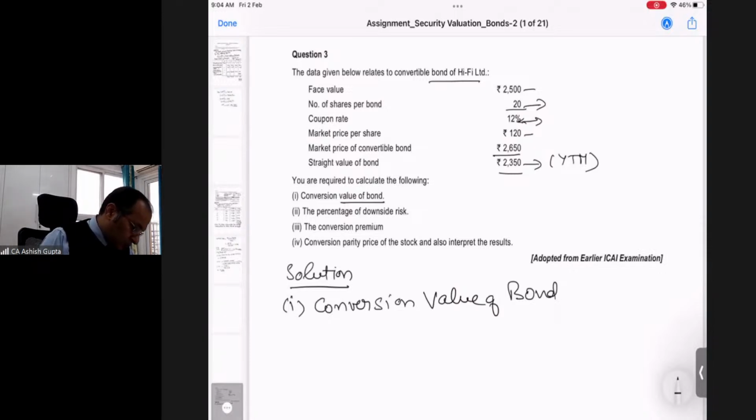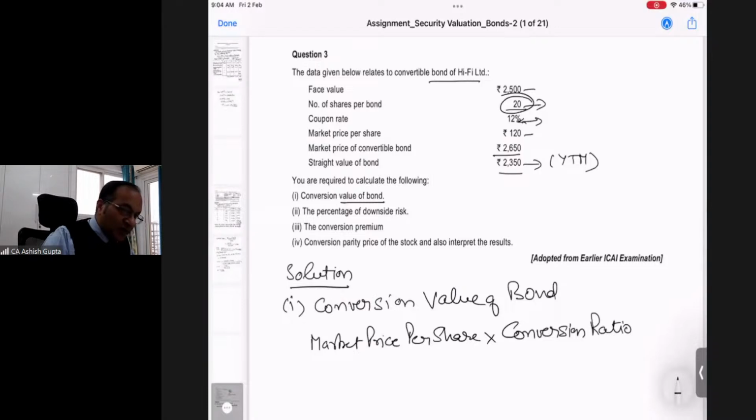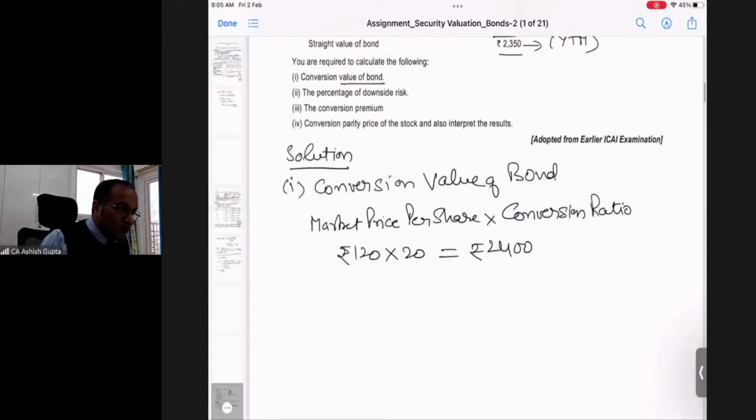The conversion ratio is 20 and the market price per share is 120. Accordingly, 2400 is our value.